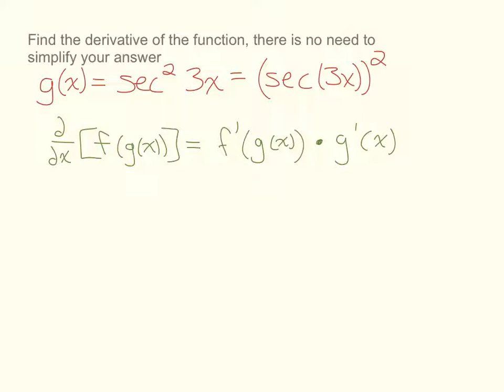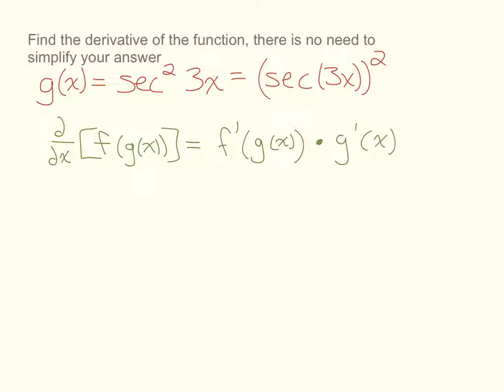As previously stated, we have an inside function of secant 3x and an outside function of an exponent 2. So we can use the power rule to find the derivative of this exponent 2, and we will leave the inside function alone.